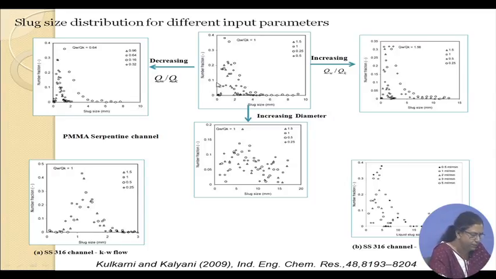What do we find for equal flow ratio? We find that more or less the majority of the slugs have the same size, and there are very few slugs which are larger than the average size, right.